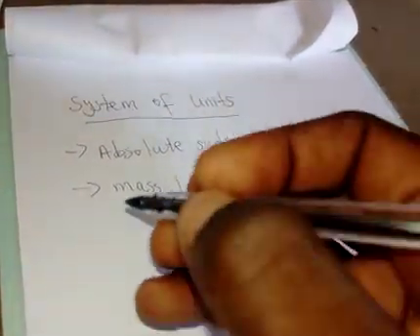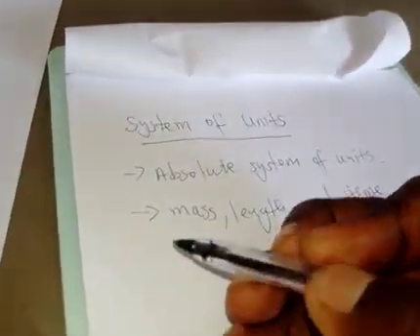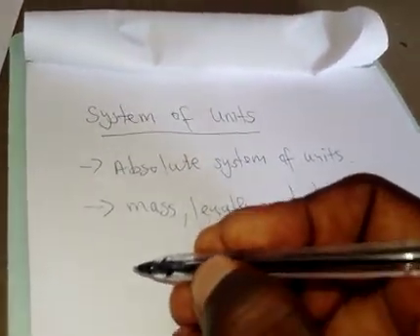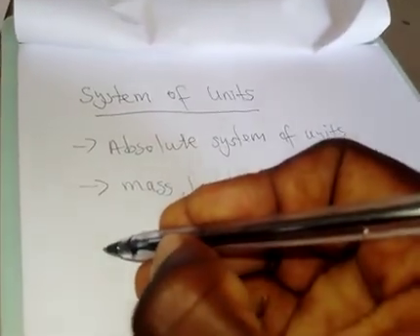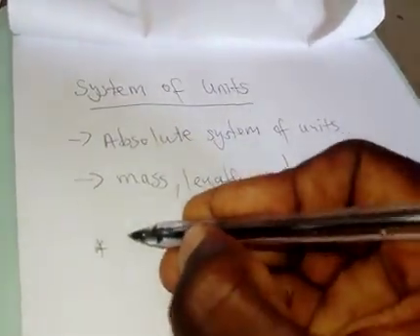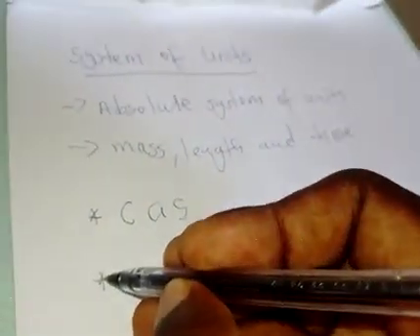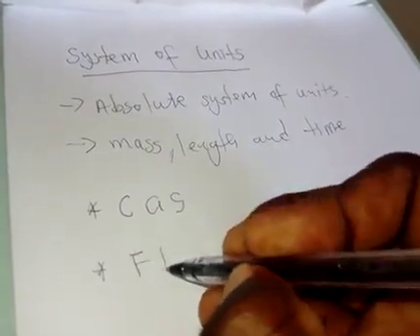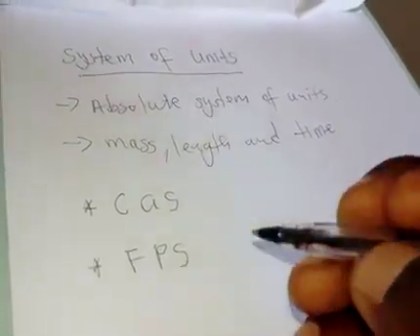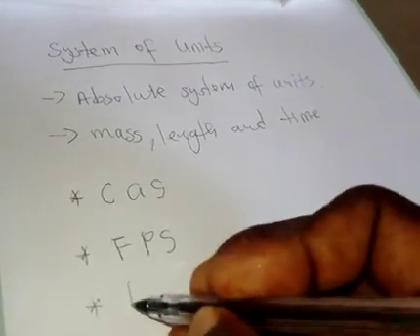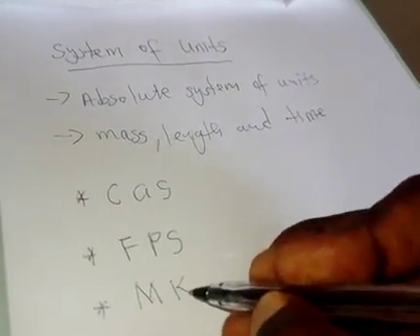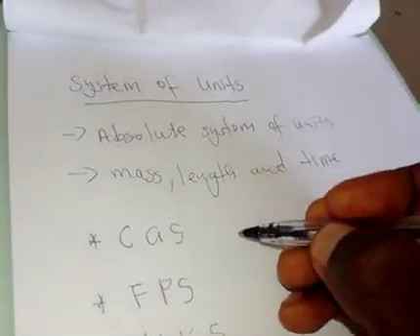Okay, then we have some common systems of units. We talk about the CGS system of units. Apart from the CGS, we also have the FPS system of units. And finally, we have the MKS system of units.